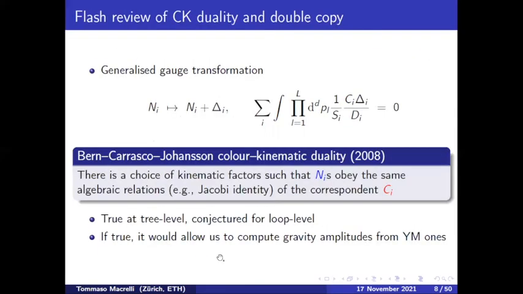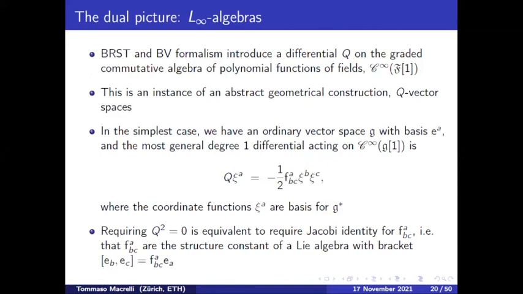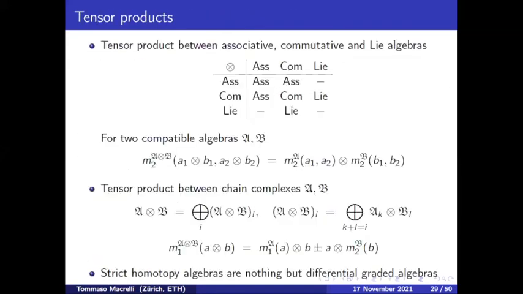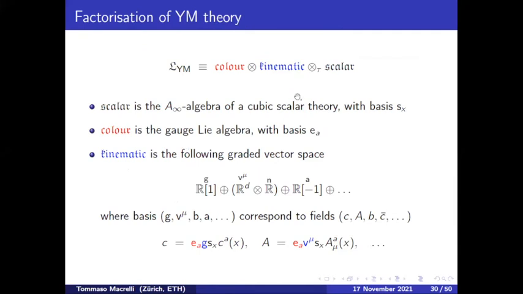But we wanted to use BV algebra, for example, to interpret in this way color-kinematic factorization. And in an upcoming paper, we will give a more homotopy algebra focused perspective on color-kinematic factorization.